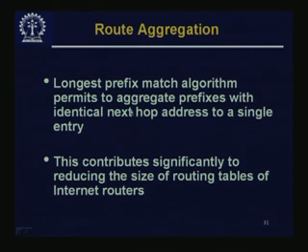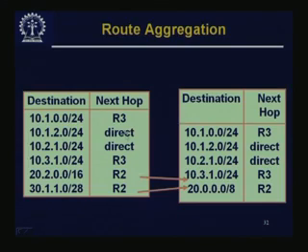The longest prefix match algorithm permits aggregating prefixes with identical next hop address into a single entry. So, this contributes to significantly reducing the size of the routing tables for internet routers. Just look at this. Suppose 20.2.0.0/16 would have gone to router R2, and 30.1.1.0/28 would have gone to R2 once again. Now, we see that the next hop is the same, so instead of 20 and 30, we can make this 20.0.0.0/8 and put it as R2.